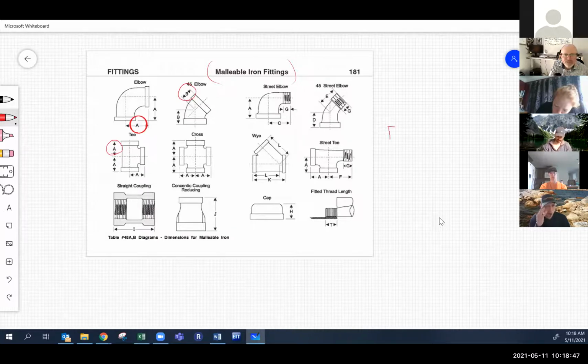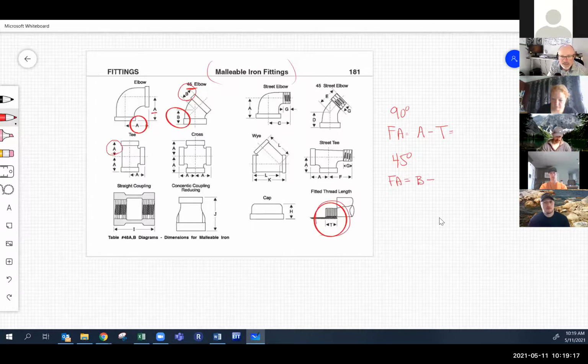So the fitting allowance for a 90 is A minus the thread T, is equal to my fitting allowance. For a 45-degree elbow, the fitting allowance is equal to the letter B minus T. Everybody see that? So that's how we do fitting allowance.